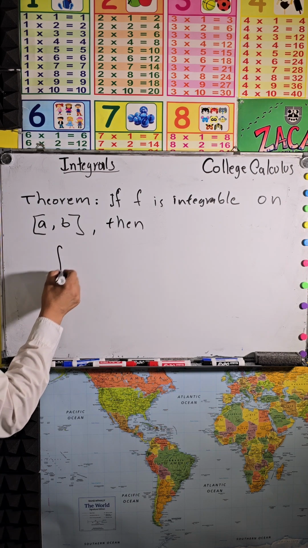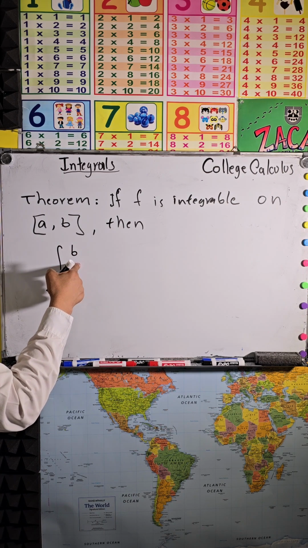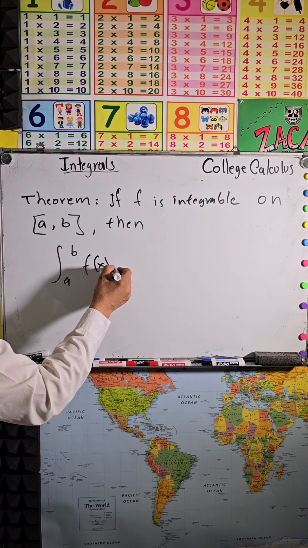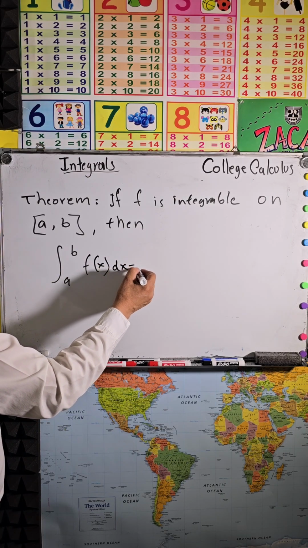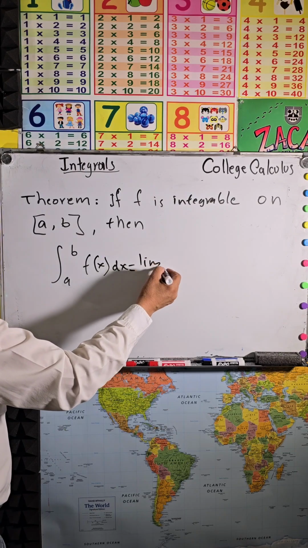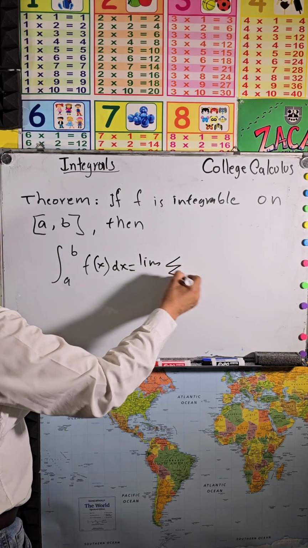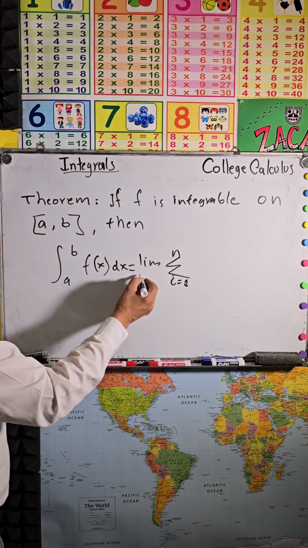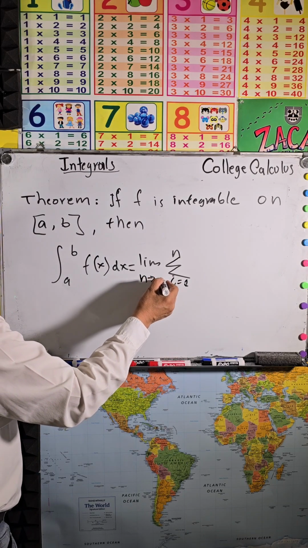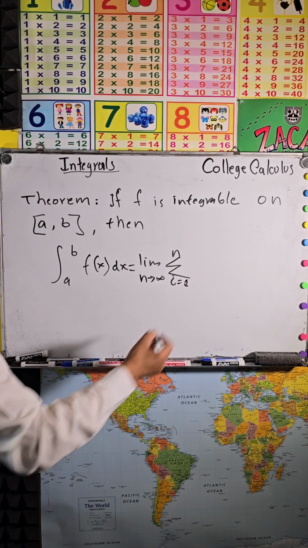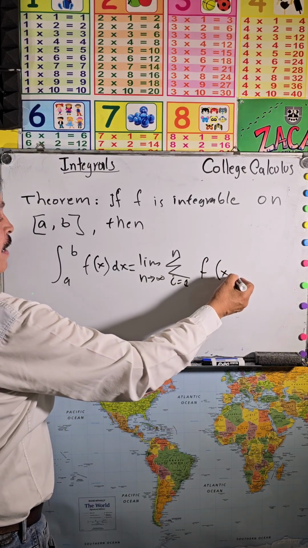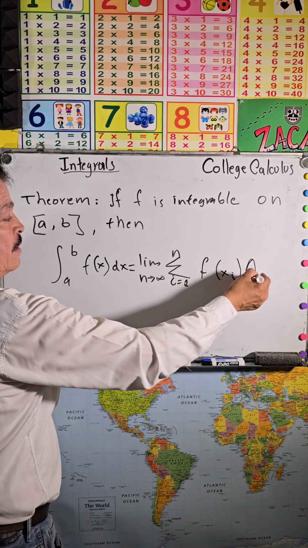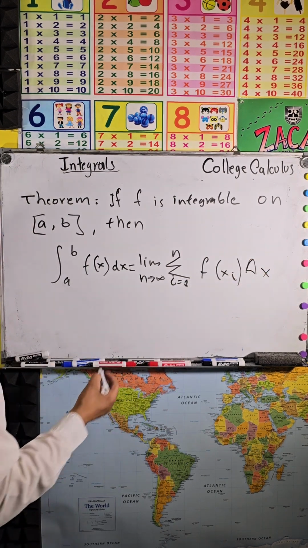We have the integral from a to b of f of x dx equals the limit as n approaches infinity of the sum from i equals 1 to n of f of x i times delta x.